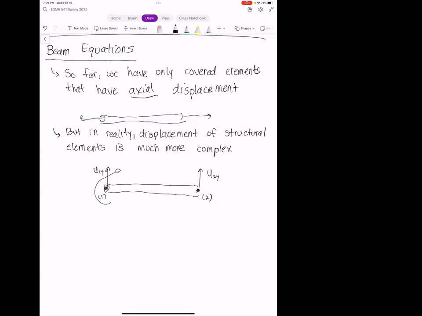In addition to that, we can also have rotations of the two nodes, which we call theta 1 and theta 2. Let me label these U1y, U2y. The formal name for these is transverse displacements.